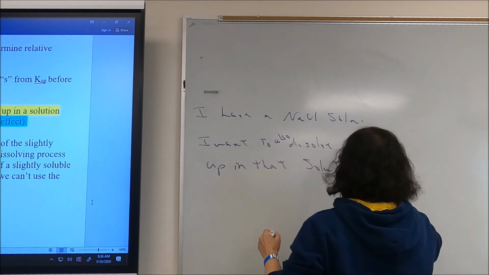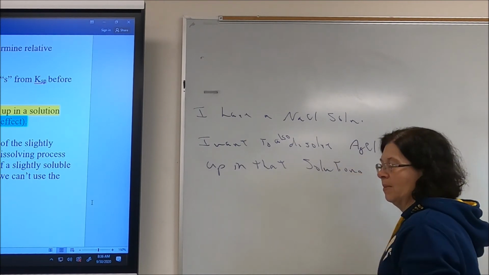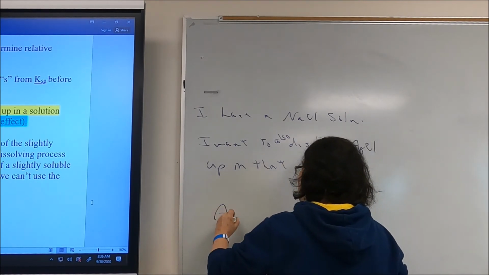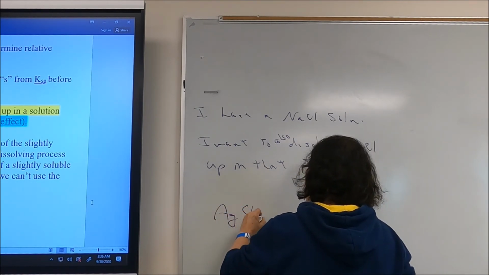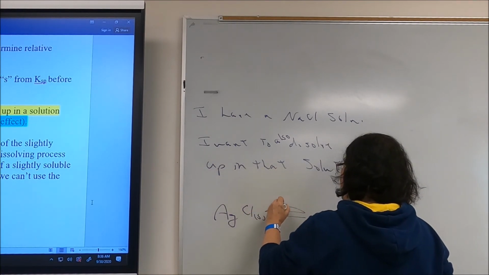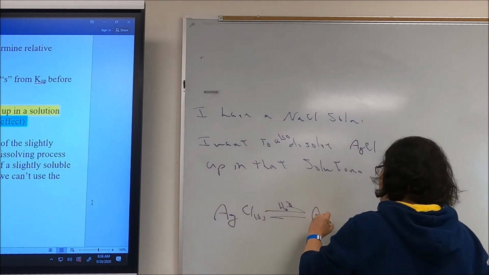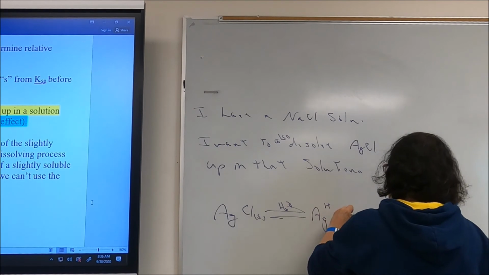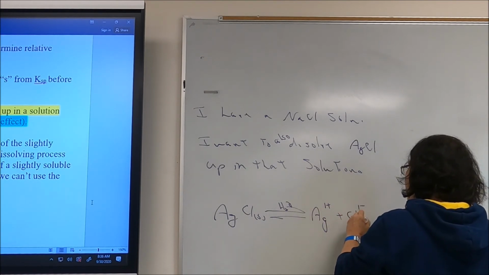Now, silver chloride solid in the presence of water is going to want to go to silver 1 plus and chloride 1 minus.